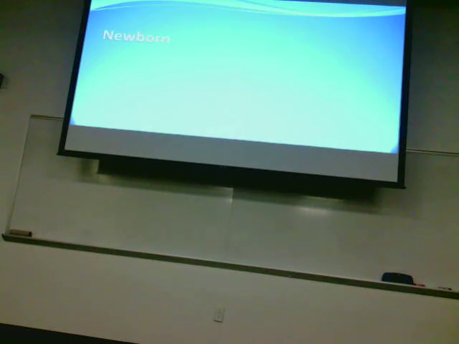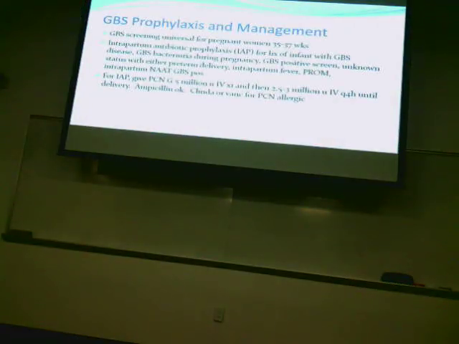So newborn and neonatology. A big thing that we want to know about is GBS prophylaxis and management. GBS screening is universal. All moms need to get it at 35 to 37 weeks of gestational age. Intrapartum antibiotic prophylaxis, we need to do it for these indications, and we want to know these really well.